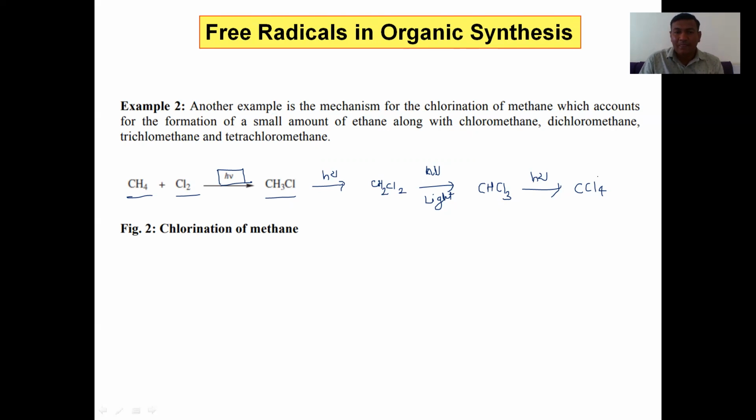So this is again the mechanism of how this reaction will happen. Initially, when we have the chlorine bond in presence of light, there will be formation of a radical, and due to this radical formation you will get such important compounds from methane.